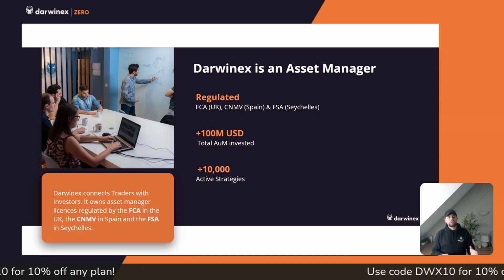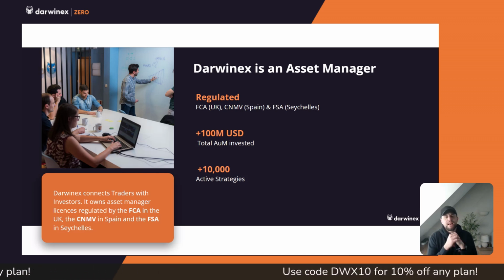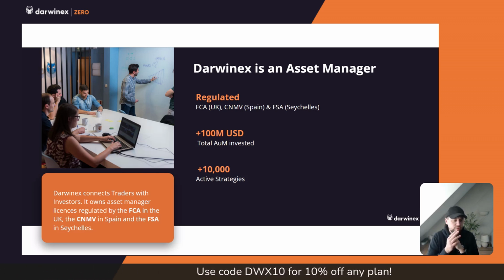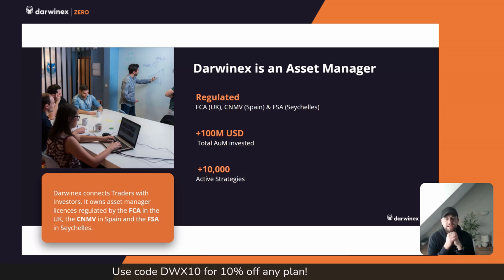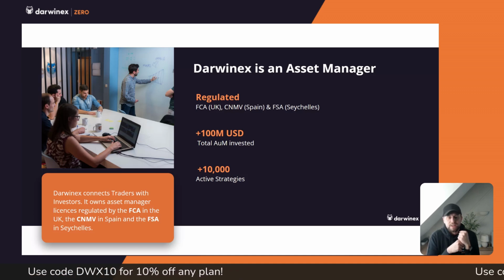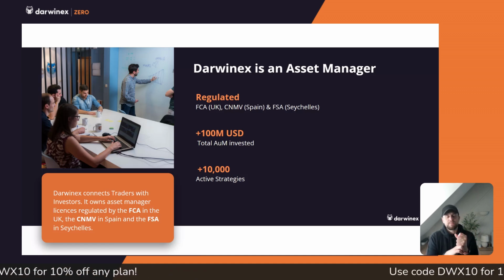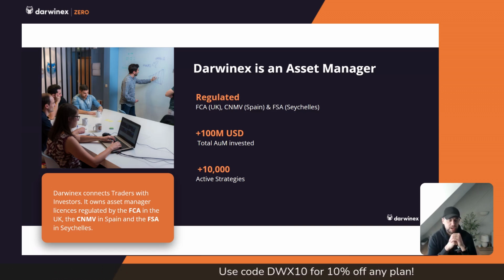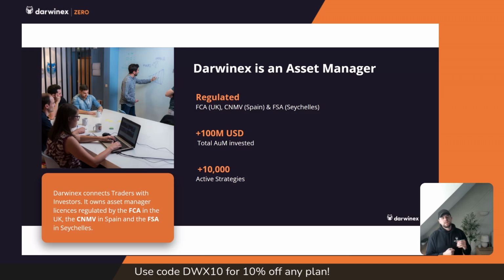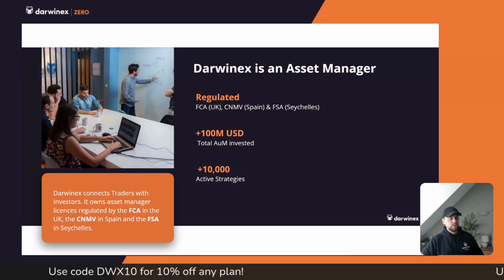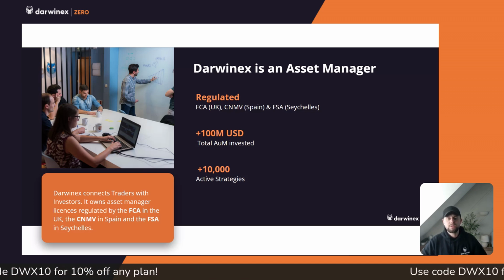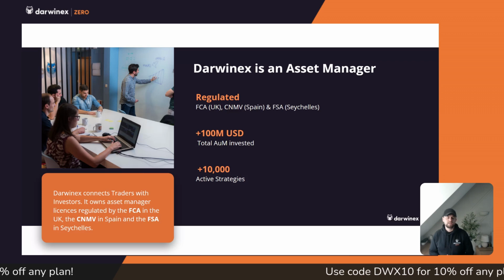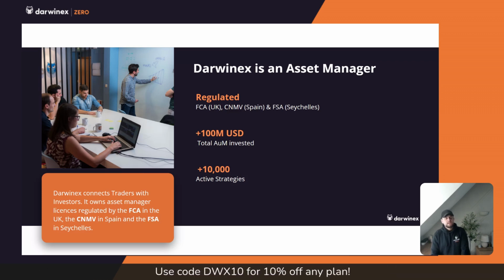Now, if you don't know, Darwinex is a regulated asset manager. We hold 3 separate certificates of regulation. First is by the FCA in the UK. We also are regulated by the CNMV in Spain, and by the FSA in the Seychelles. We have over $100 million active on our platform in AUM. That's from third-party capital, external investors, whether institutional investors or smaller retail investors, which gets invested into our traders.